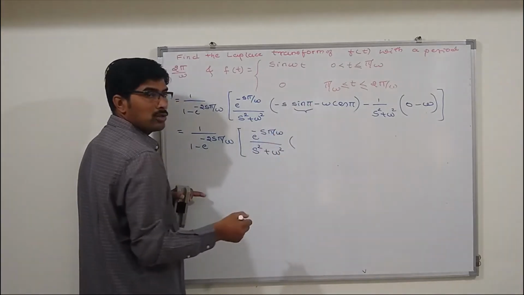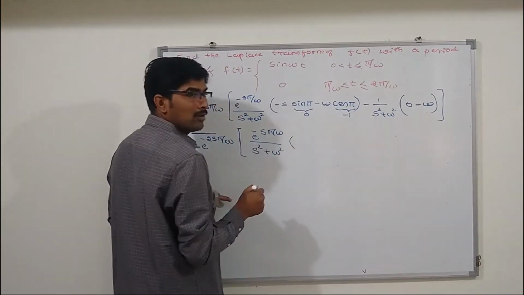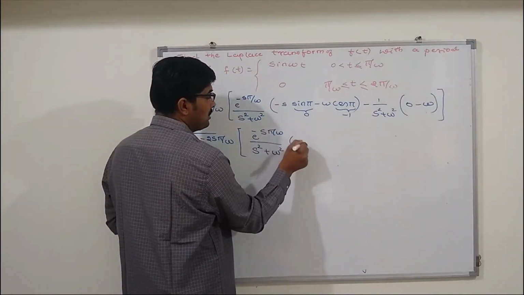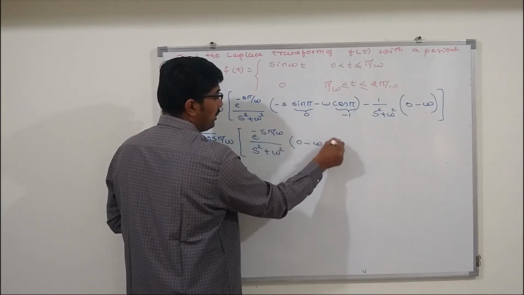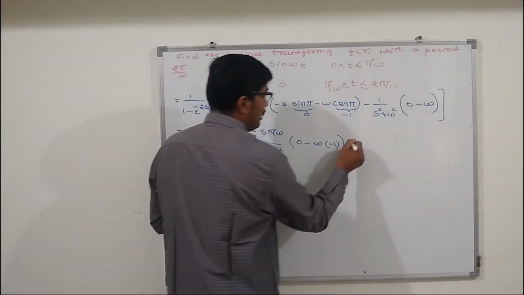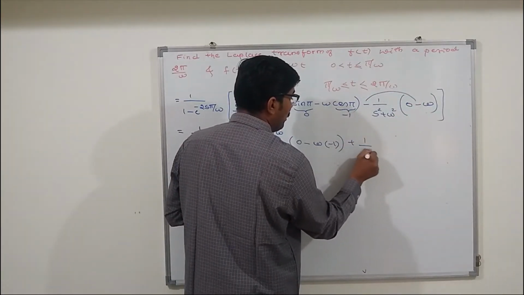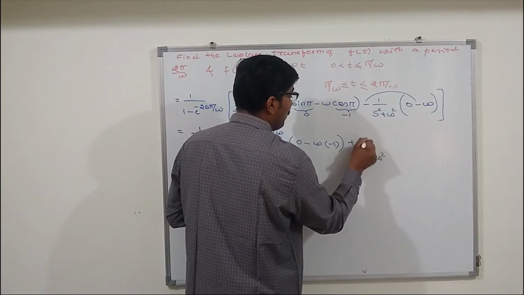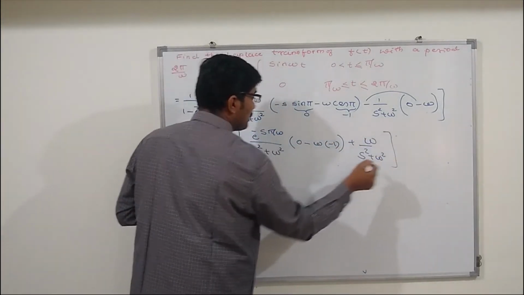Sin 180 is also equal to 0 and cos 180 is equal to minus 1. So 0 into minus s is 0, minus omega into cos 180 is minus omega. Here minus into minus is plus, 1 divided by s square plus omega square into omega, that means omega divided by s square plus omega square.